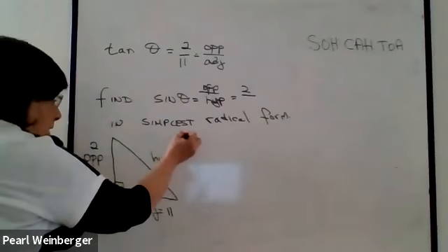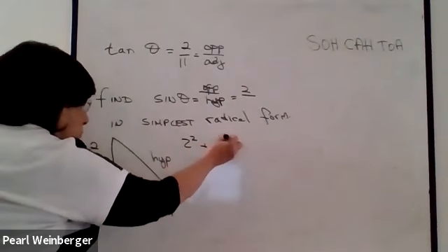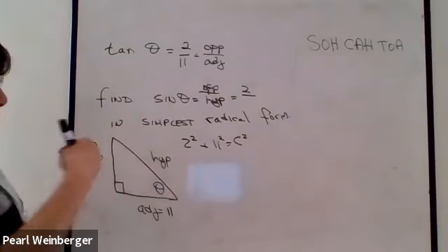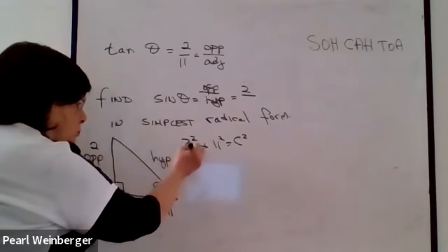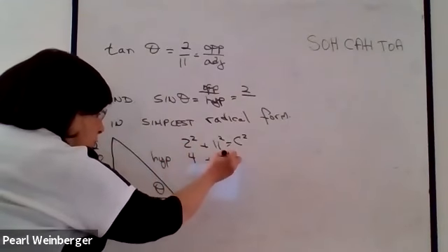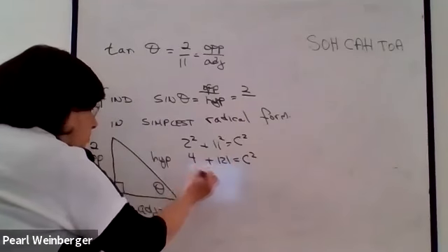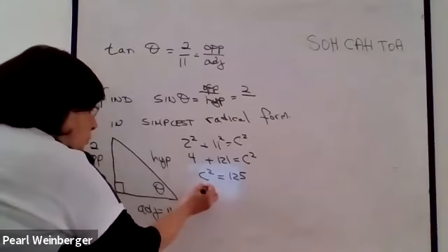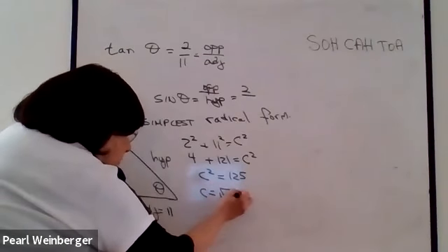So a squared, which is 2 squared, plus b squared, 11 squared, equals c squared, since the hypotenuse is the one we don't know. 2 squared is 4, and 11 squared is 121. So c squared is 125, which means c is the square root of 125.